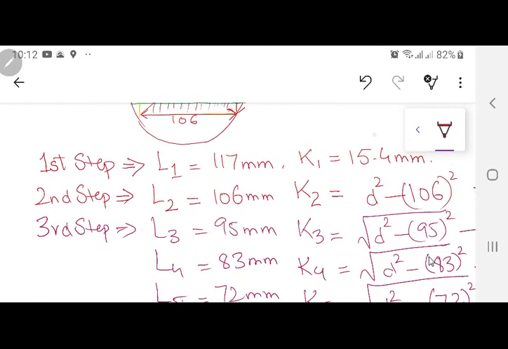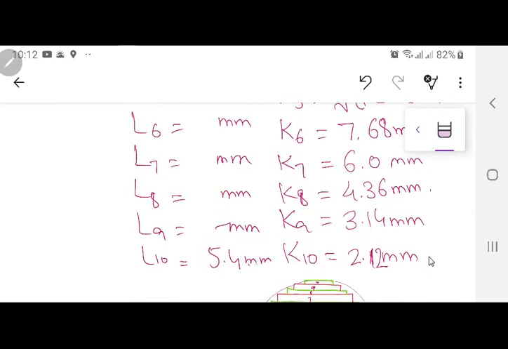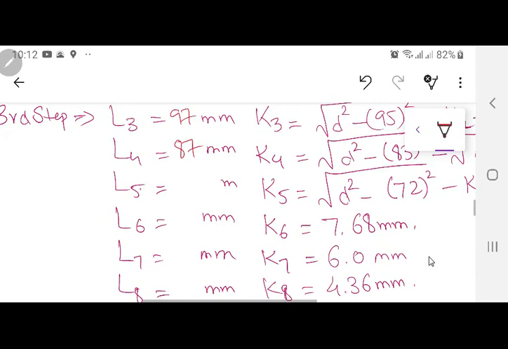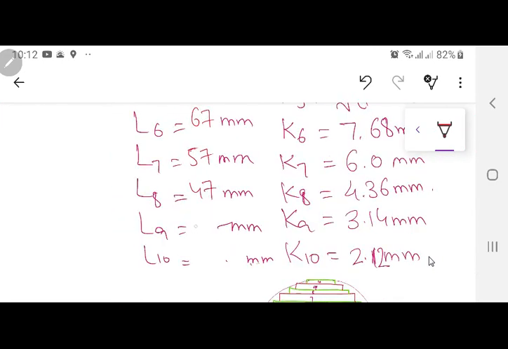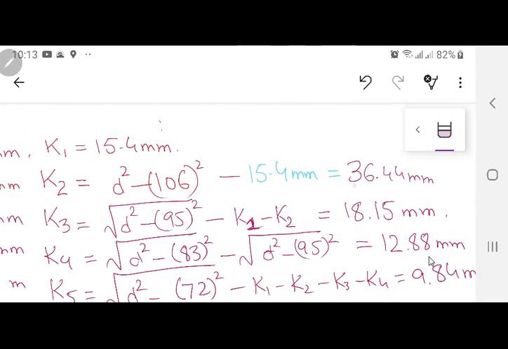Okay जी, now do this again. This is 107, 97, 87, 77, 67, 57, 47 and 37, 27 and L11 is 15.4 mm. So G, K1 is already known, 15.4.